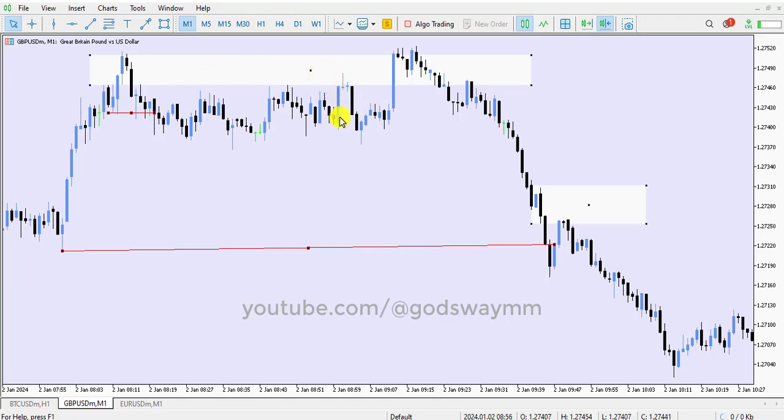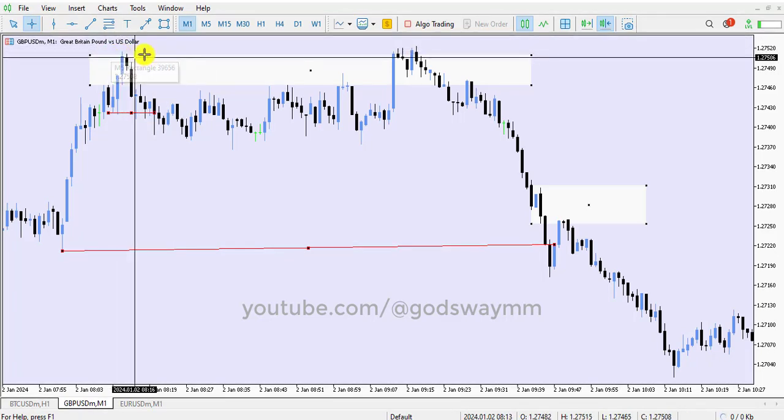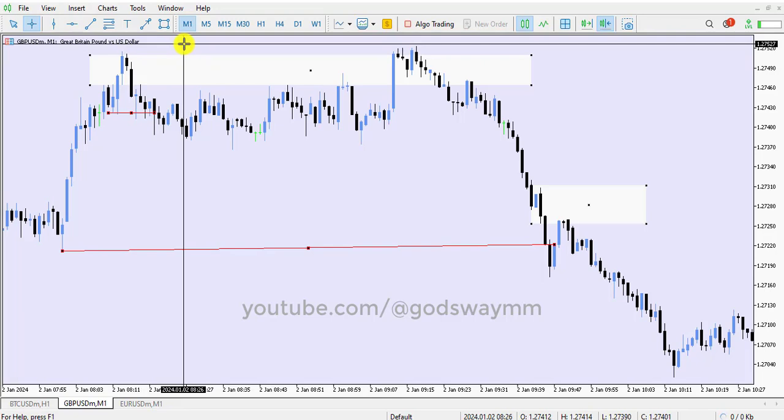So ideally, you see price entering over here and it closed just below this particular order block, and from here you can take a trade. When you take the trade, you leave your stop loss a little bit above this particular order block, let's say somewhere here, to protect your trade.